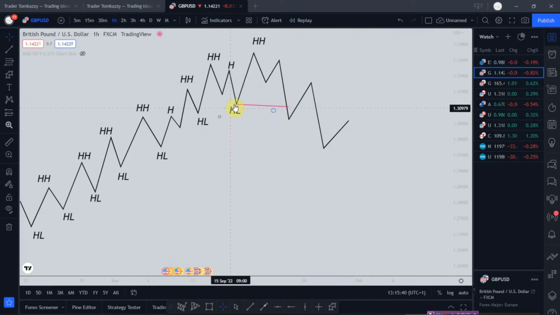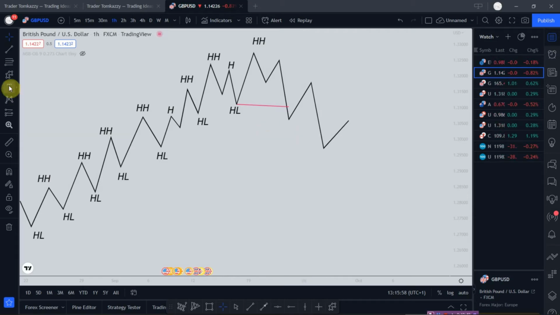But we're waiting to break this lower high, higher low before we can say the market is now what? Changing. So when the market has broken that higher low, then we say there's a break of what? Structure.